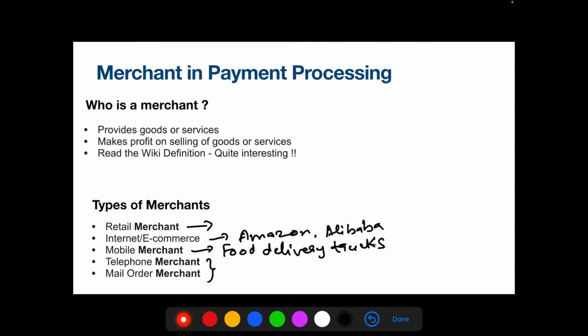Telephone and mail order are the merchants where the merchants accept the payment information from the customer on phone or on email or maybe ordinary mail and then process it on behalf of the customer. So these are the different kinds of merchants to look at.